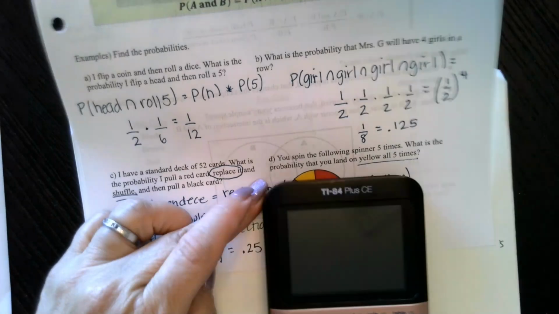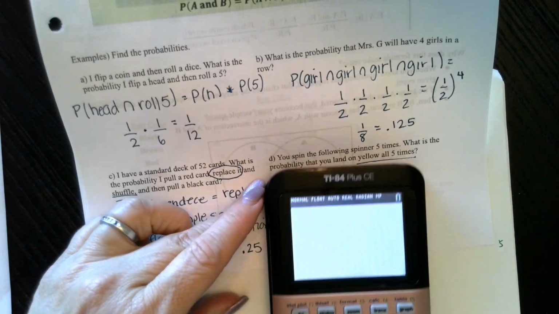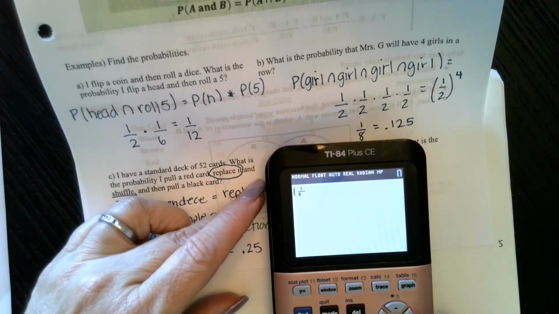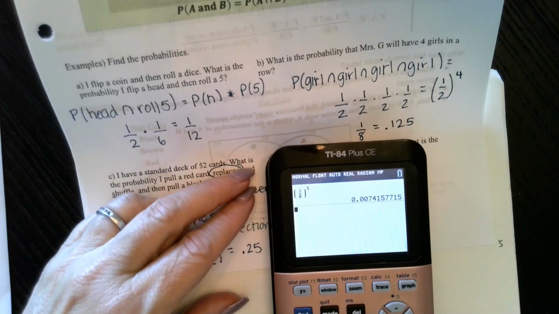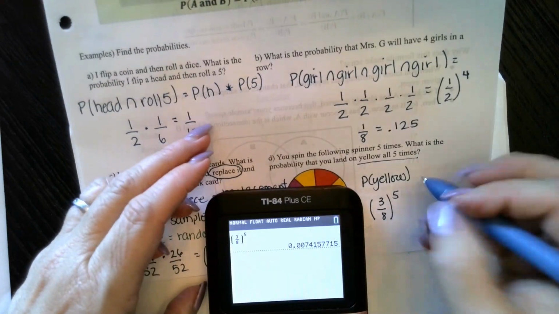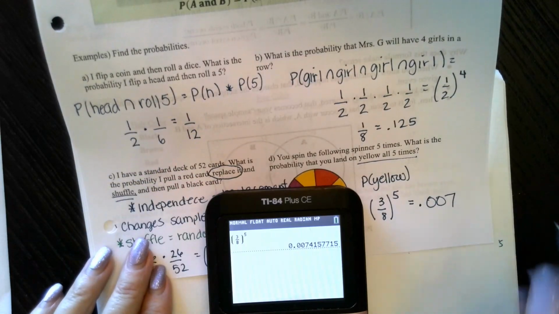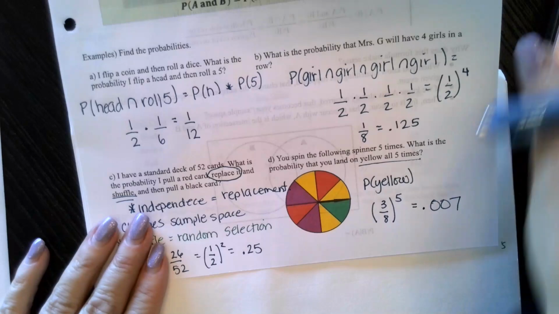Now, I don't know what that is, but if I plug this into my calculator, I would have 3/8 to the 5th power. So use your calculator on these, and this gives me 0.007, so not very likely, even though I've got 3 yellows on there. Okay? All right, let's keep going.